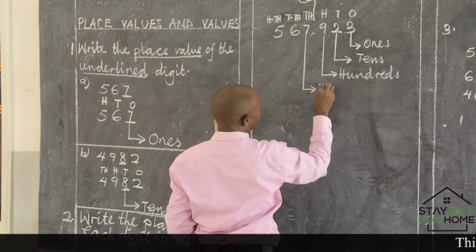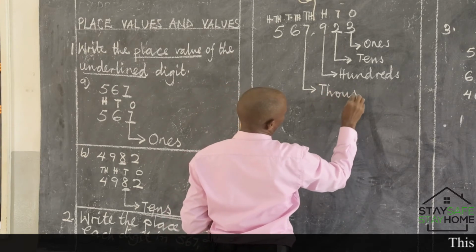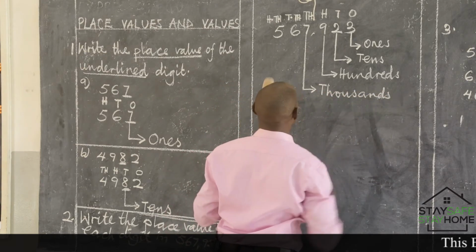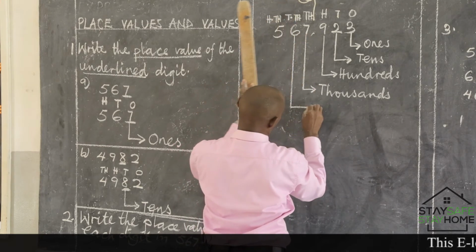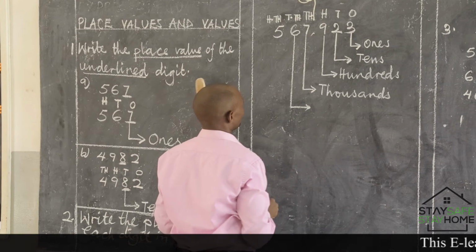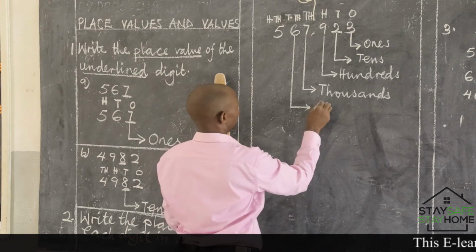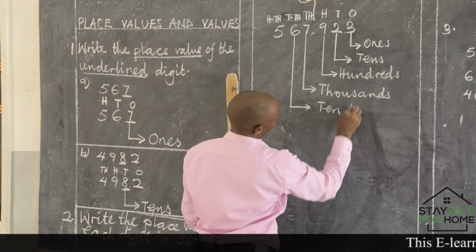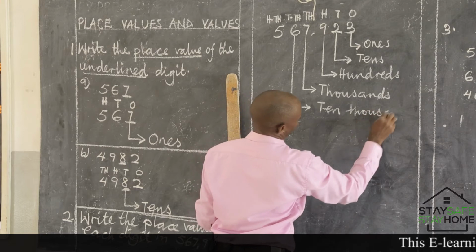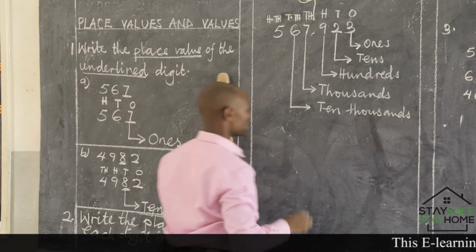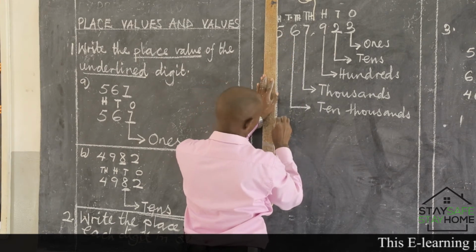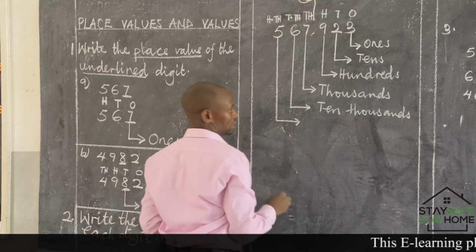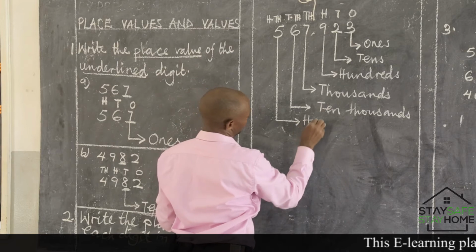It is in thousands. Then what is the place value of this 6? That one is in 10,000s. Then what is the place value of 5? It is in the place value of 100,000s.